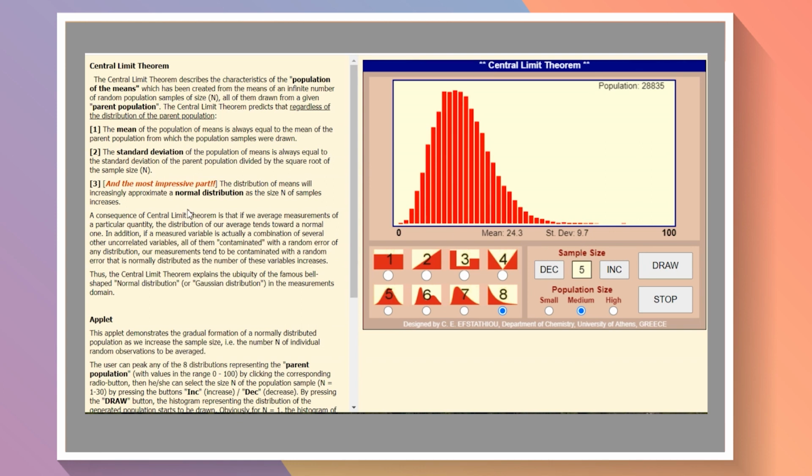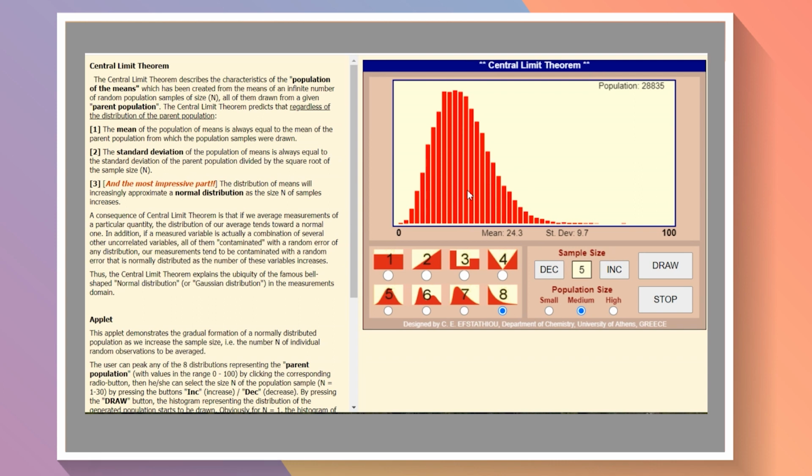the sample size. And the third one, the very impressive part, says that the histogram takes the approximate distribution of the Gaussian or the normal distribution, also called the bell curve, the bell shaped curve.